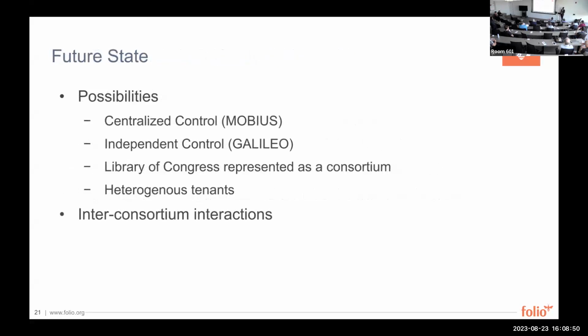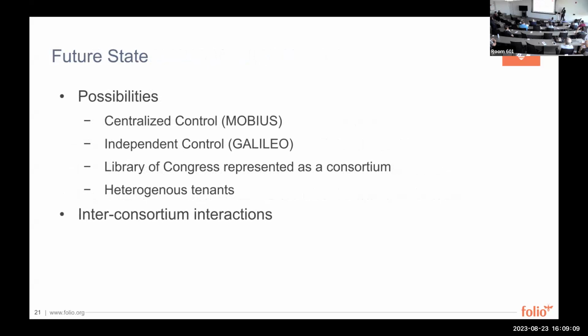So future states, there are possibilities here. So centralized control, similar to how MOBIUS is planned out, where the central office could manage the users for the smaller libraries that do not have the human resources to perform those duties.